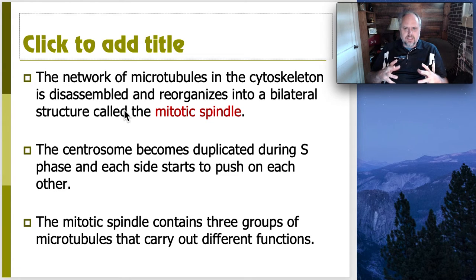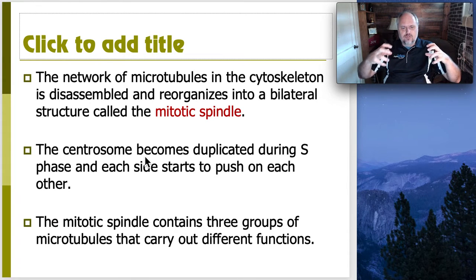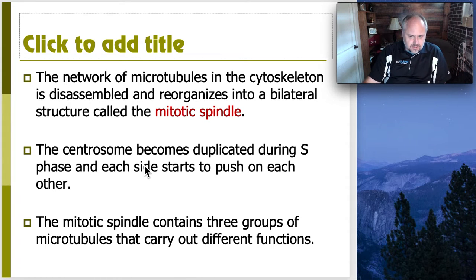This is actually going to be a two-sided structure that is going to have essentially a star shape, and in fact it's called an aster, and each side of that is going to interact with each other. So remember that we talked about the centrosome being duplicated in S phase. Well, now basically you have two centrosomes inside the cell, and each one of those is going to begin to build one half of that spindle.